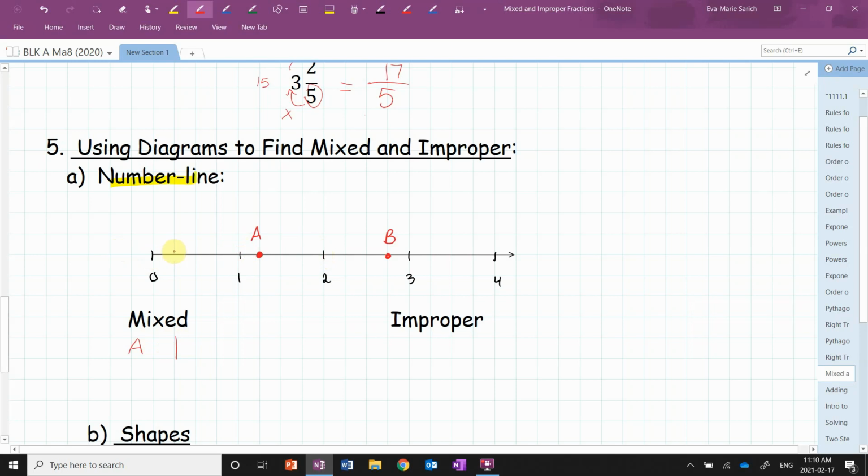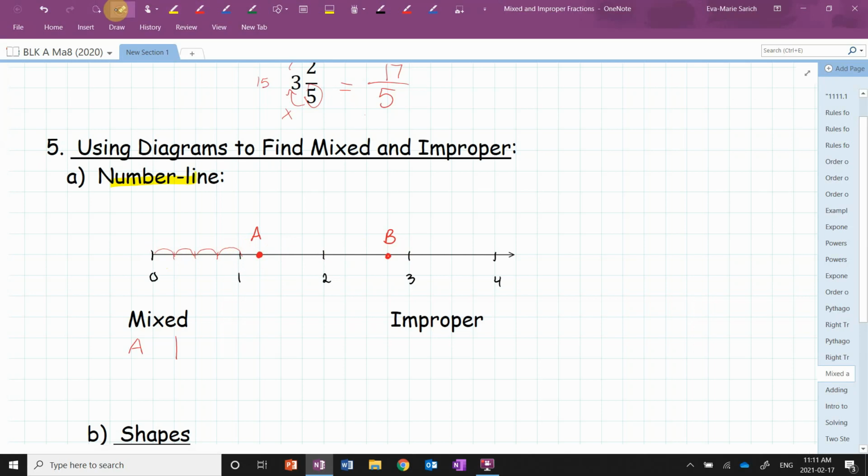Well, that's represented by the number of spaces. If we show our grid here, we can see that there is 1, 2, 3, 4 spaces. We go to the second one, it's still cut into 4 pieces. It's consistent through the number line. So we've gone 1 whole and then we've gone 1.